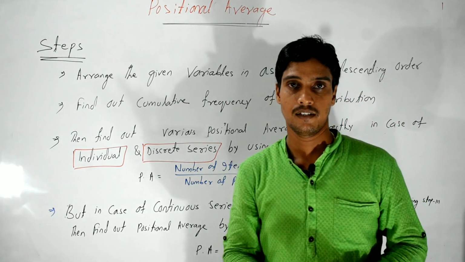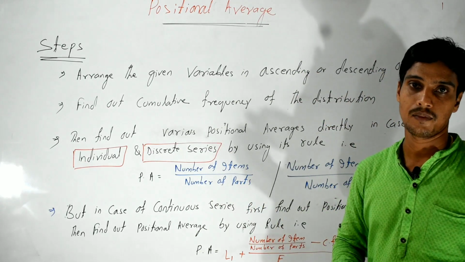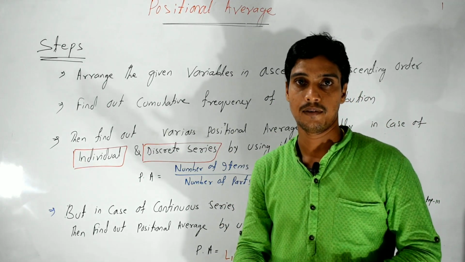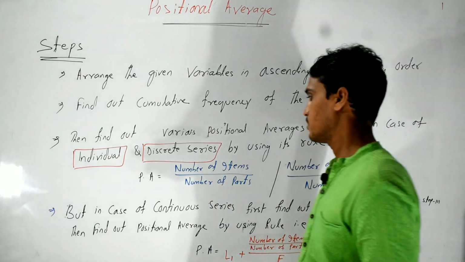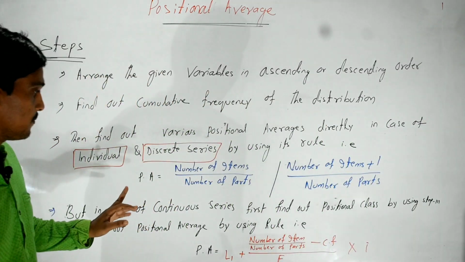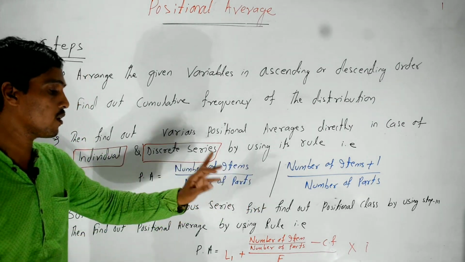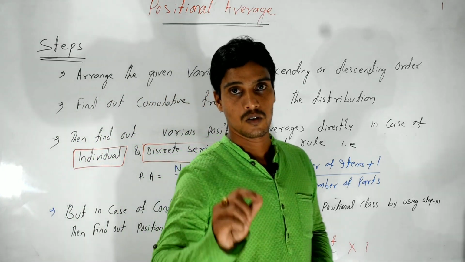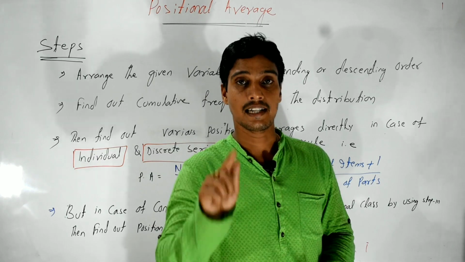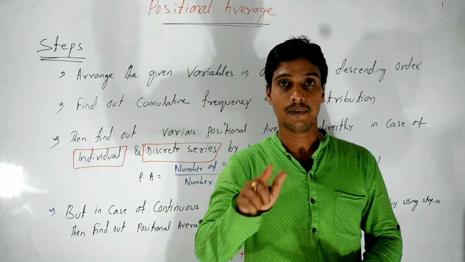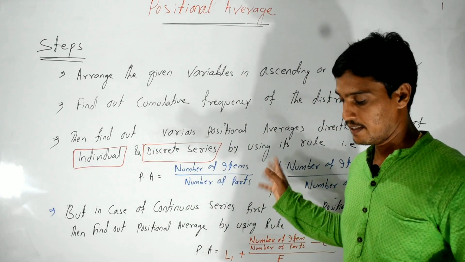When we calculate pentile, we should divide by 5. When we calculate octile, then we should divide by 8. So let's be clear: number of items means total frequency, and number of parts means which positional average we are going to calculate, and into how many parts that average divides the series.